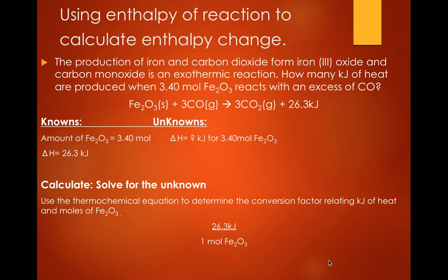The production of iron and carbon dioxide from iron(III) oxide and carbon monoxide is an exothermic reaction. How many kilojoules of heat are produced when 3.4 moles of iron(III) oxide reacts with an excess of carbon monoxide?